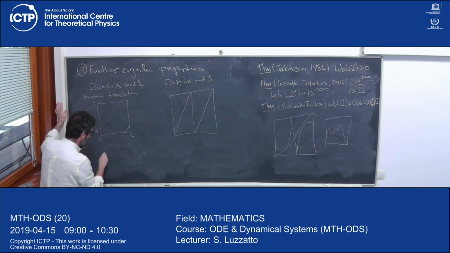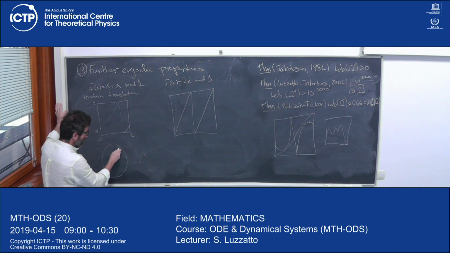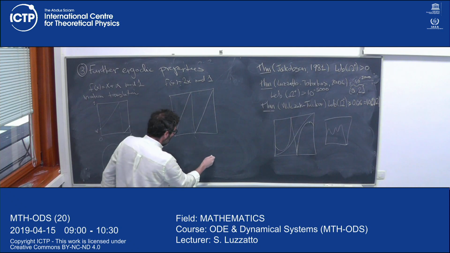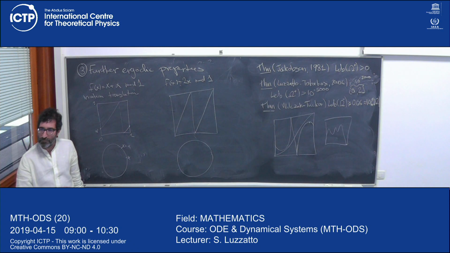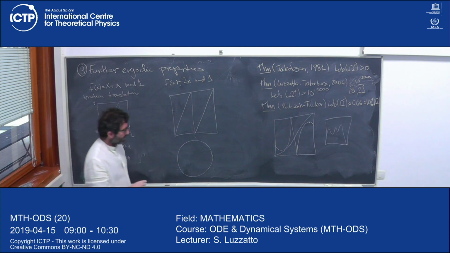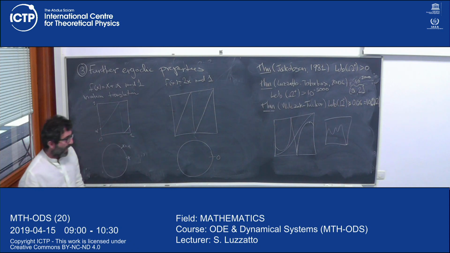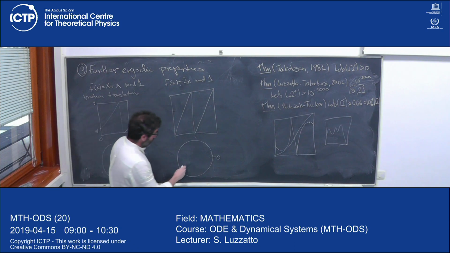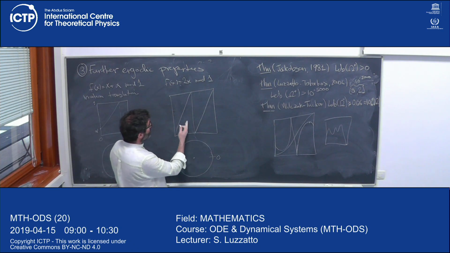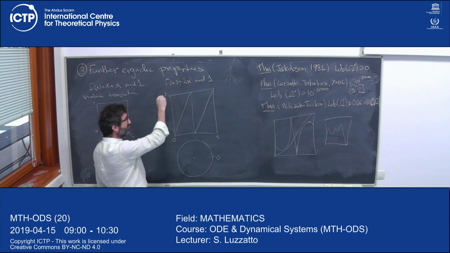And you can also look at them as maps on the circle, because whenever you take mod 1, on a circle this is just a translation, x plus alpha. And here when you look at 2x mod 1 on the circle, it's sometimes called an angle doubling map or double cover. Because if you think of this as the circle, when you take mod 1, it's just a different way of looking at it.